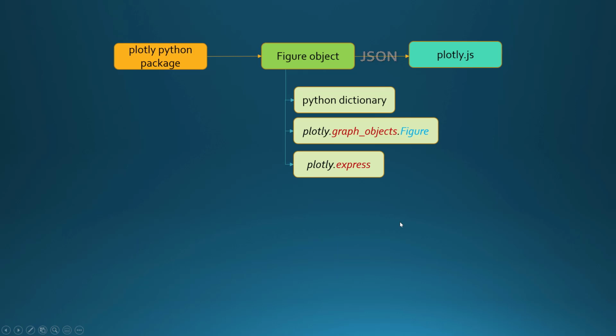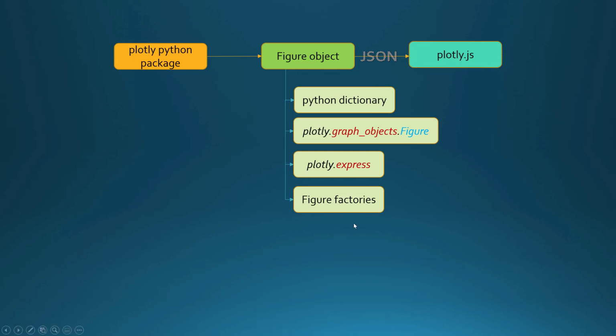Now there are a couple of other methods as well, like the figure factories. It's used for very specific use cases like the T diagram or the quiver plots. We will see that today as well. Using these very specific use case diagrams, we used to create them with the figure factories.